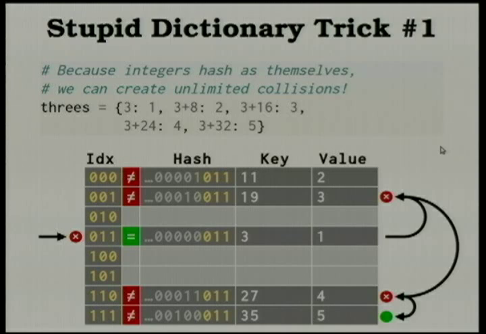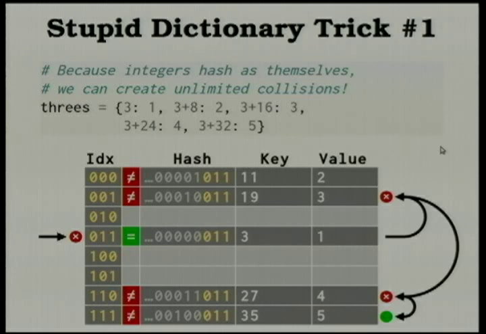So here I've created a dictionary which is all collisions. I'm using 3 and then 3 plus multiples of 8 so that the lower bits of every single one of these integers is 0, 1, 1. So it inserts 3, 11, 19, and you can see that even though I'm trying to pound in on the dictionary and put everything in the same place, the fact that it pulls in the upper bits to decide the path from there does pretty well.